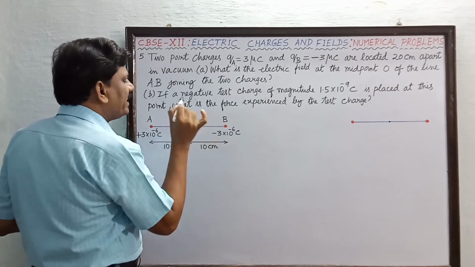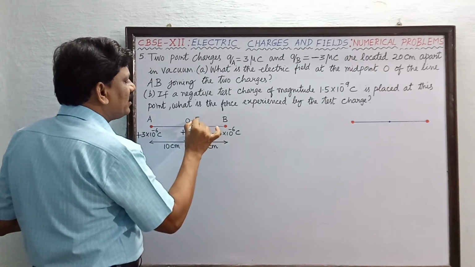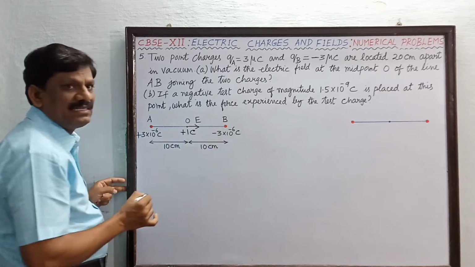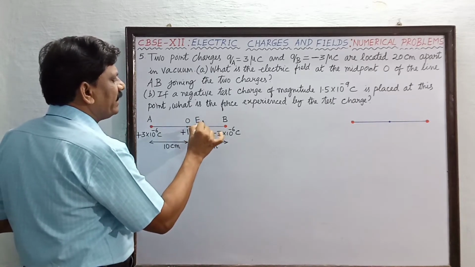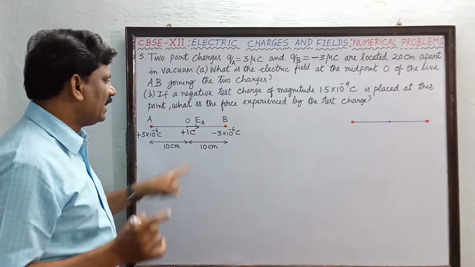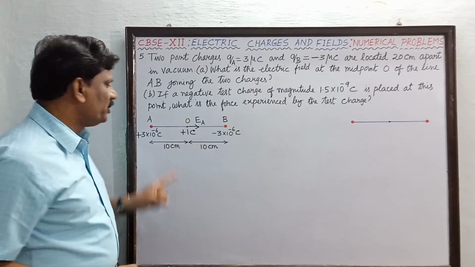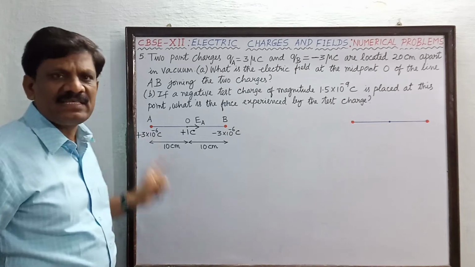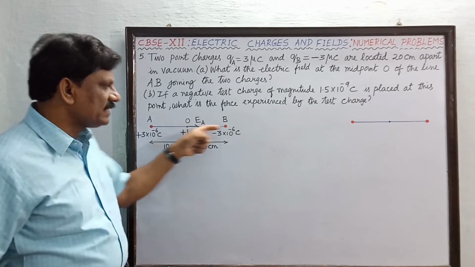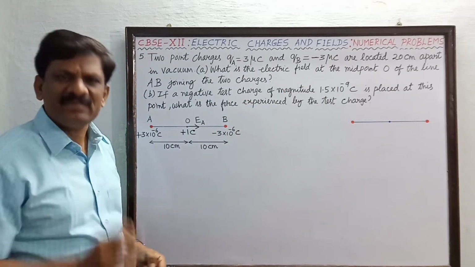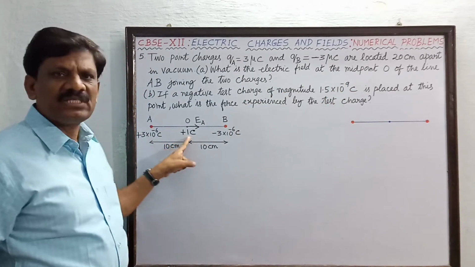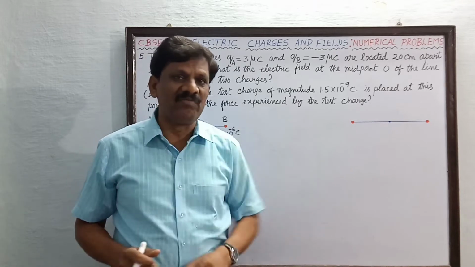So I will take this as the direction of electric field intensity due to the charge placed at A. The direction of the electric field at this point O due to the charge placed at A is towards OB. Understand? Okay. At the same time, this unit positive charge will also experience another force, is it not?